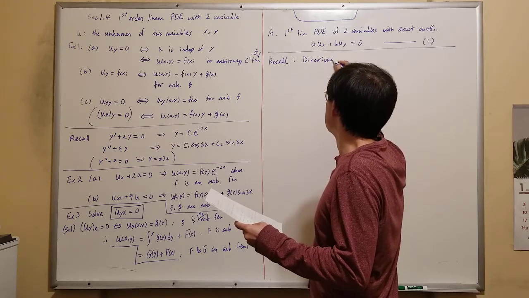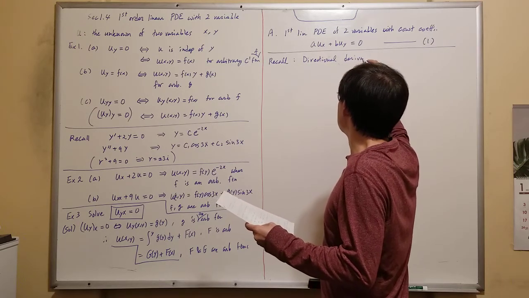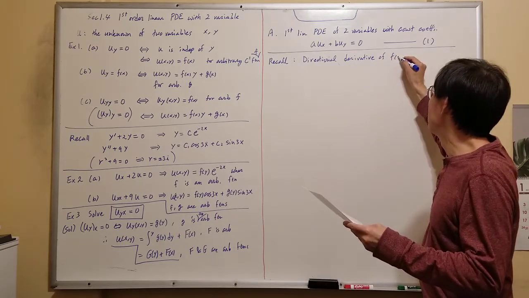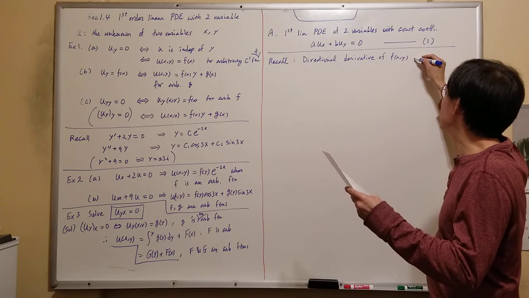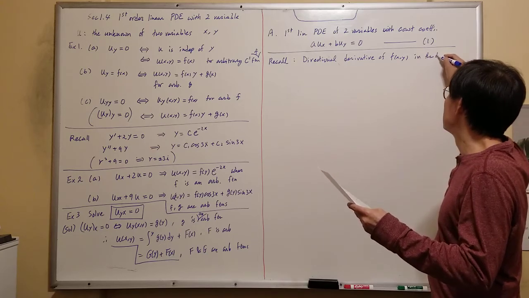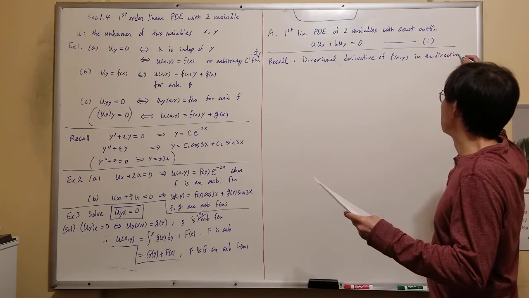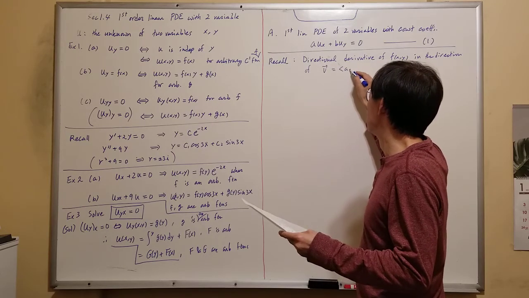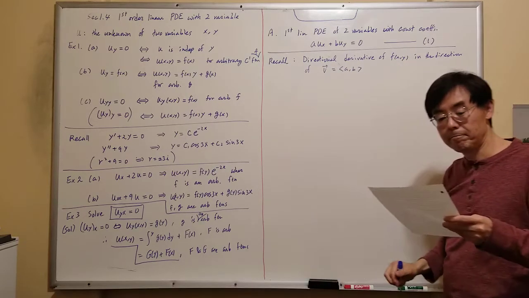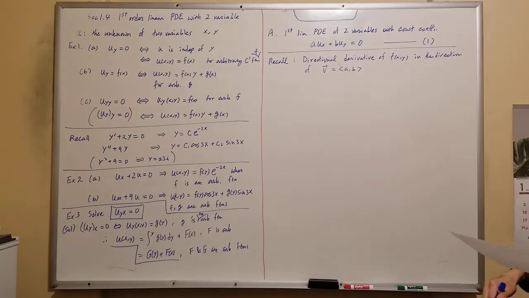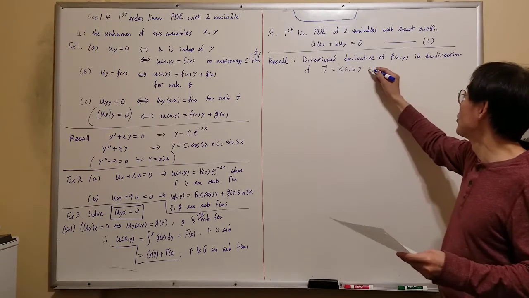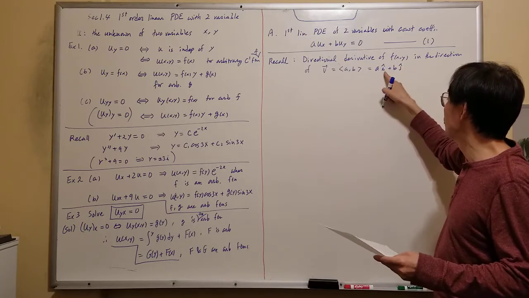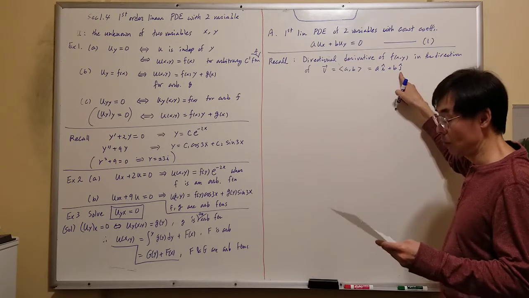The directional derivative of f of xy in the direction of a vector ab, or we can write it as a i hat plus b j hat. This is the 1, 0 vector, 0, 1 vector.